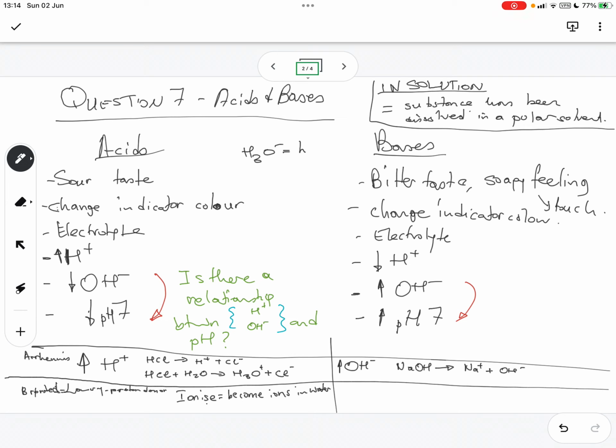So H3O plus is the hydronium ion, and OH minus is the hydroxyl ion.